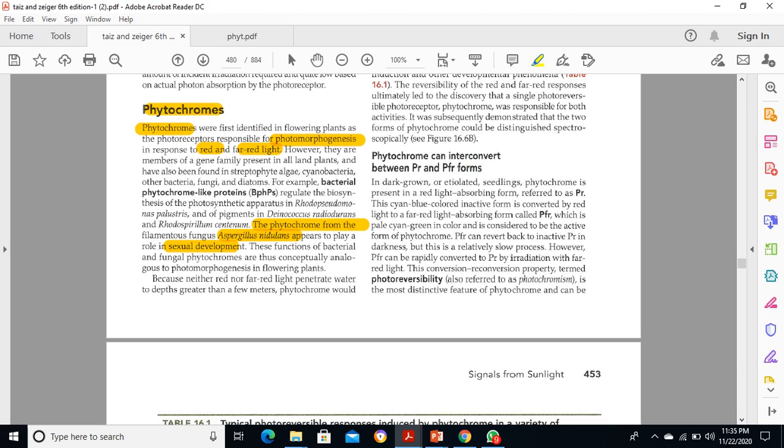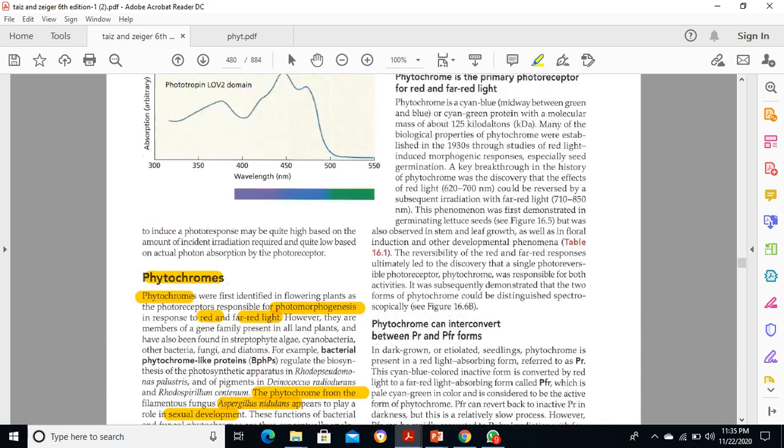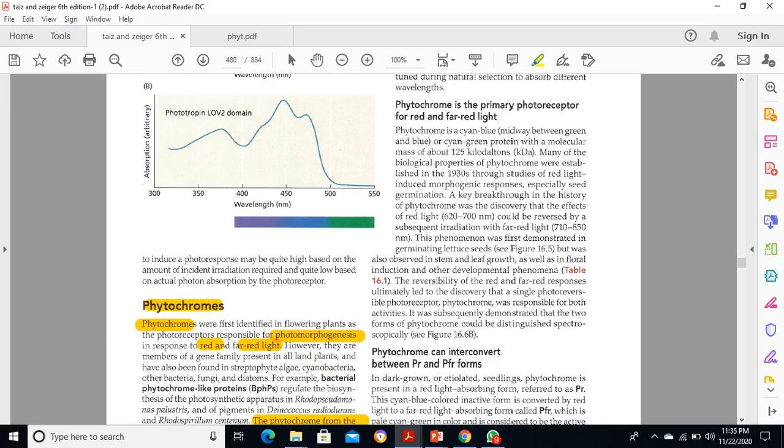First, we are going to discuss phytochromes. Phytochromes are the red or far red light absorbing photoreceptors. They execute various photomorphogenic responses. Phytochromes are actually blue or blue-green proteins with a molecular mass of about 125 kilodaltons.